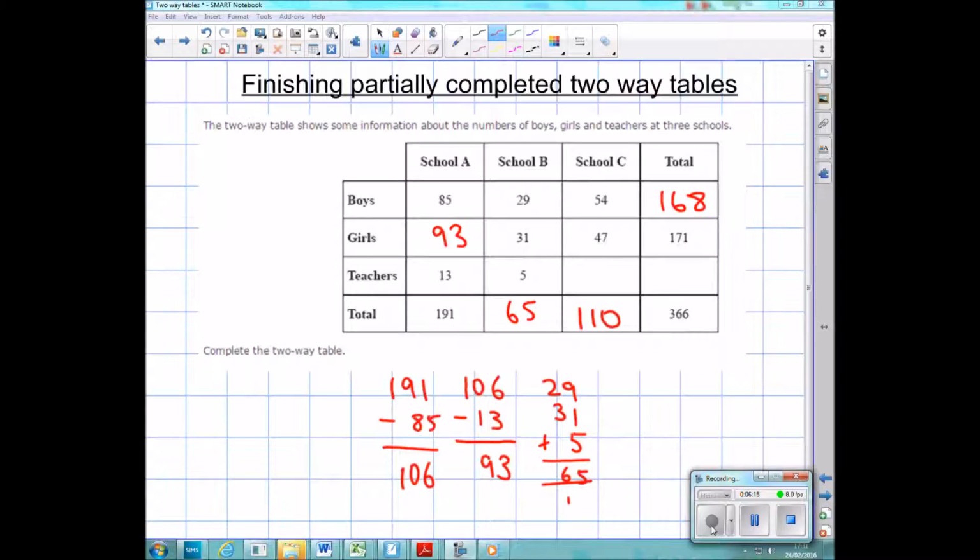Starting with school C, I'm going to do 110, take away 47, and then take away 54, and I end up with 9. For the last column, I'm going to have 366, take away 171, which is 195, and take away 168, and I get 27. So hopefully you got those answers as well.